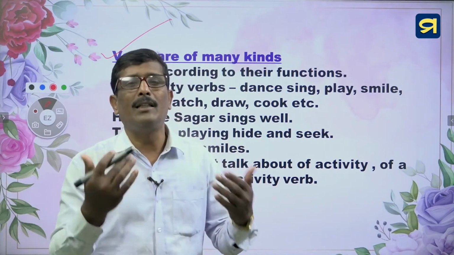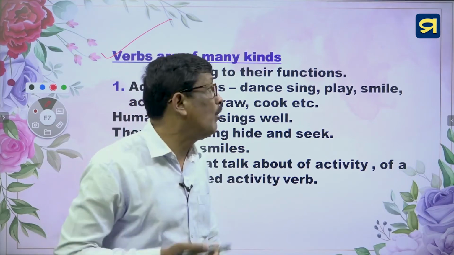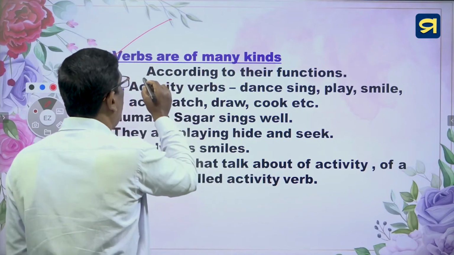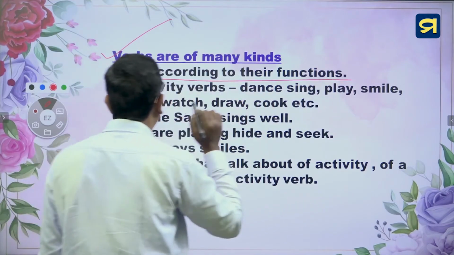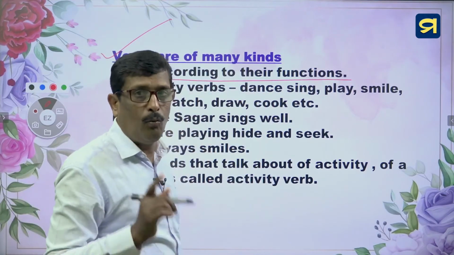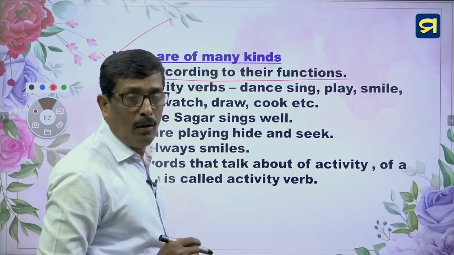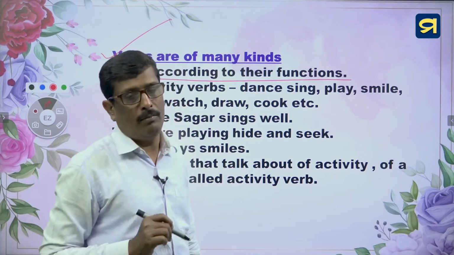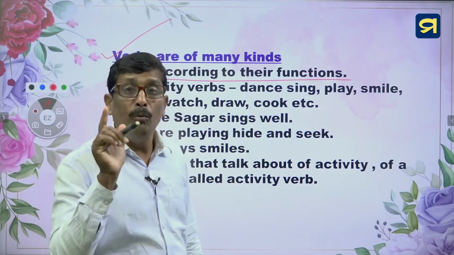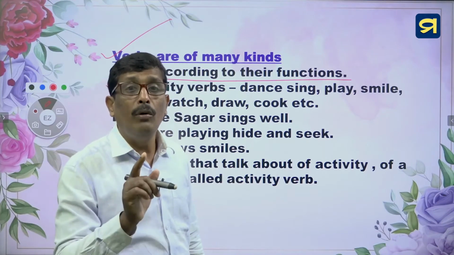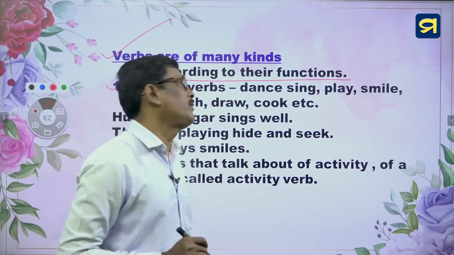We are going to discuss the different kinds of verb according to their functions. According to their functions, verbs are of four kinds. What are they? Number one is activity verb. Number two is mental verb. Number three is communicative verb. And number four is verbs of aspects.